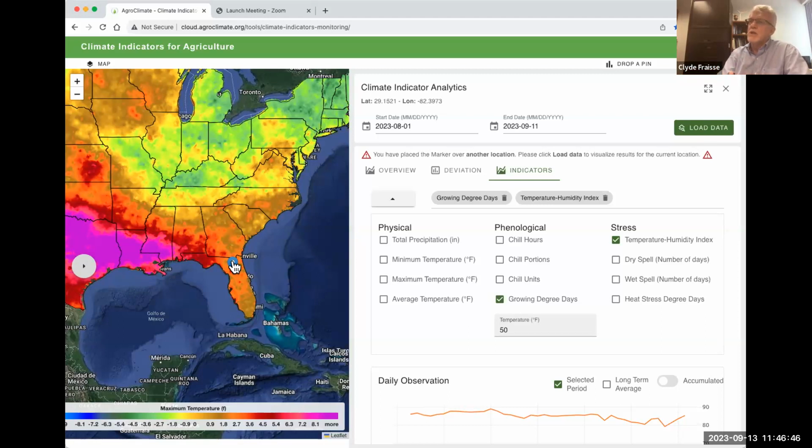So 4 kilometers would be a little over 2 miles, and 2.5 would be 1.3, 1.4 miles of grid size. Which also explains why it sometimes takes so long to load this, because it's a lot of data to plot in a map.